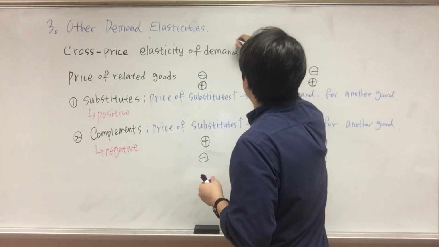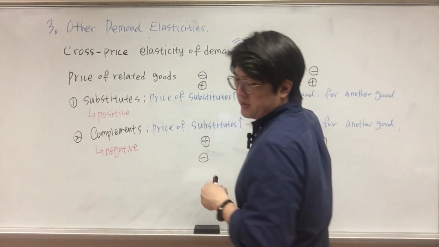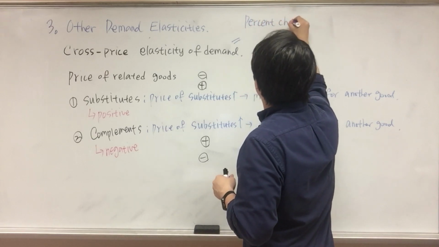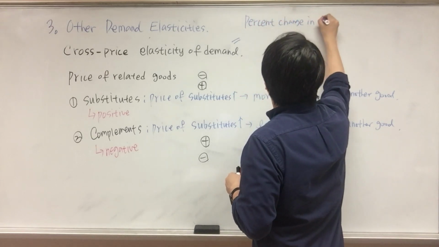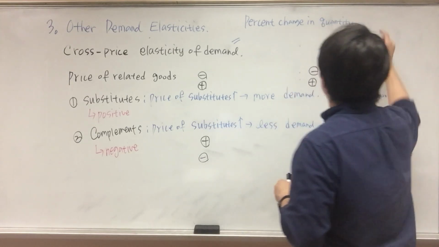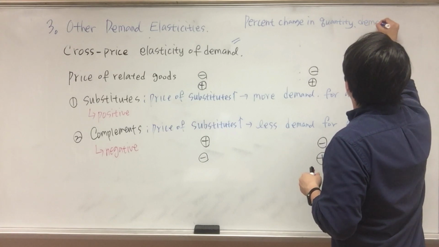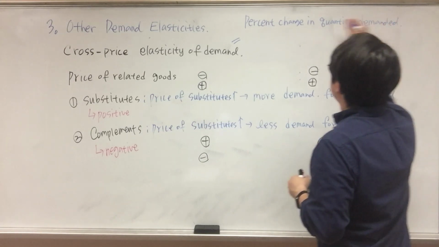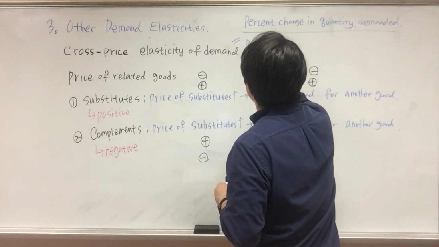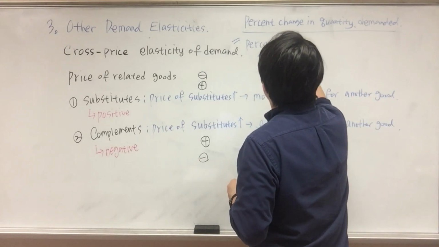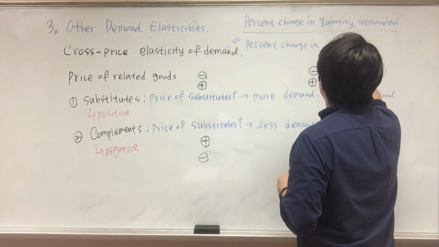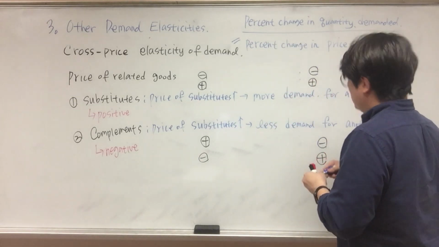Cross price elasticity of demand is the percent change in quantity demanded divided by the percent change in price of another good.